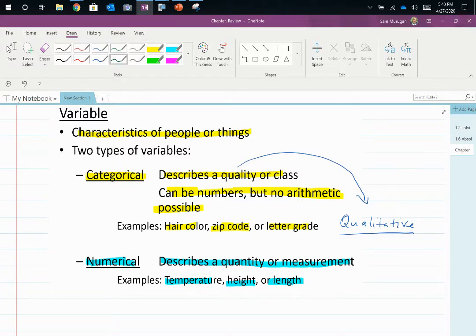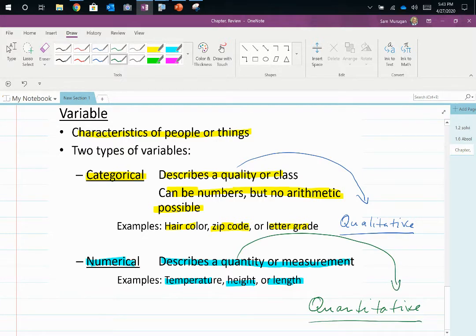This is described as quantitative data. It comes from quantity, quantitative. Notice the difference in the word. Qualitative describes categories, quantitative describes numbers.